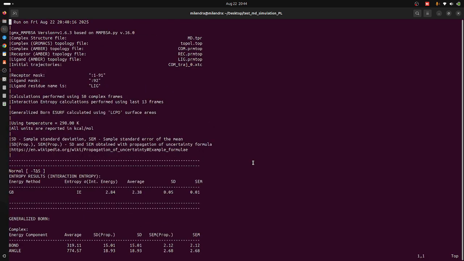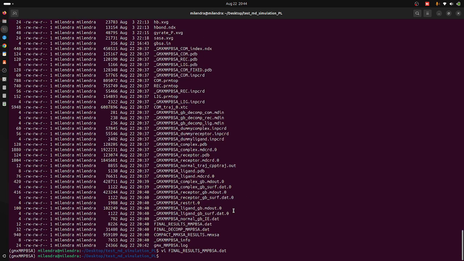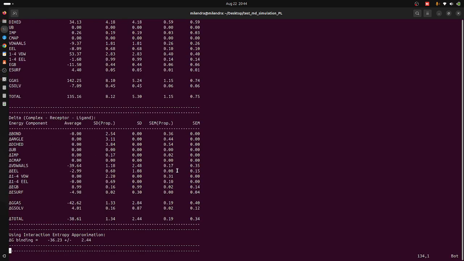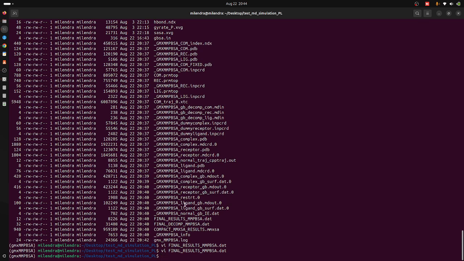There are many things, right? But the targeted and desired thing is the delta G binding, the real time binding free energy. This is the real time binding free energy of our protein ligand complex system, minus 36.23, and it is very good, and it nicely contributed to the MD simulation of our protein ligand complex, right?